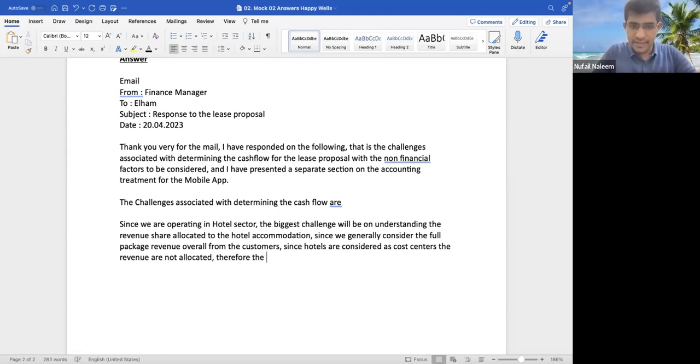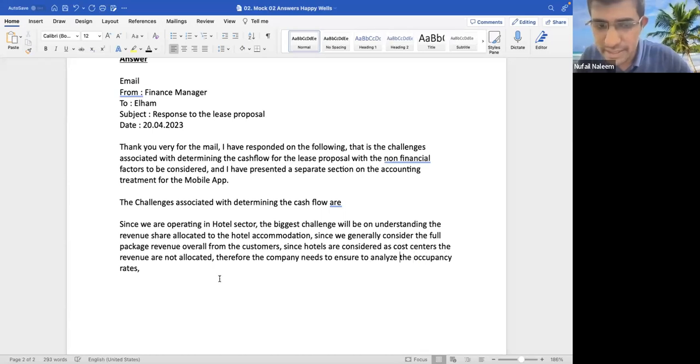Therefore, the company needs to ensure to analyze the occupancy rate. Analyze what rate, students? Occupancy rates. Analyze occupancy rates.